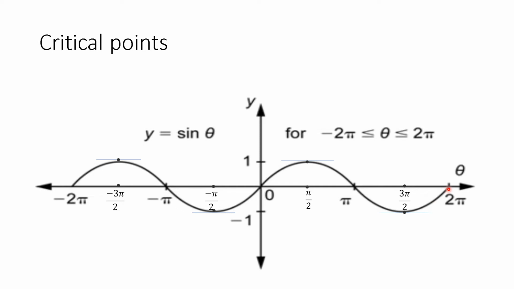At these points f dash of x is 0. So these are the critical points of sine theta between the interval minus 2 pi to plus 2 pi.